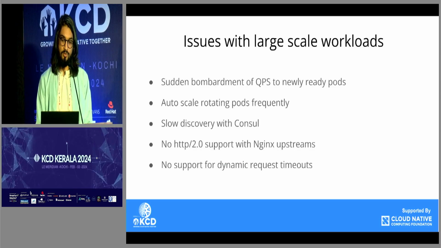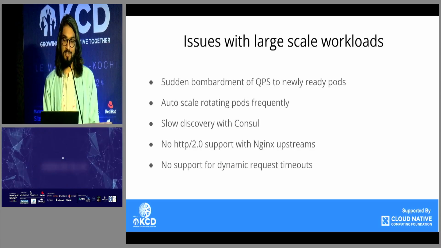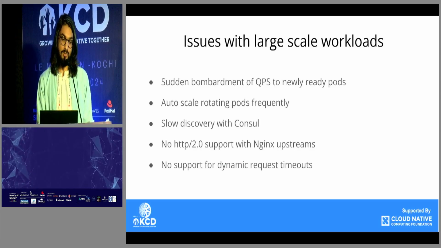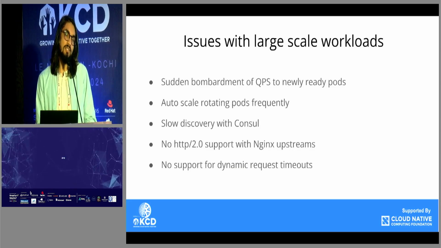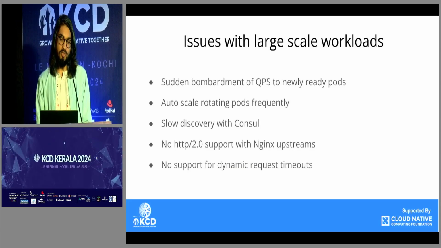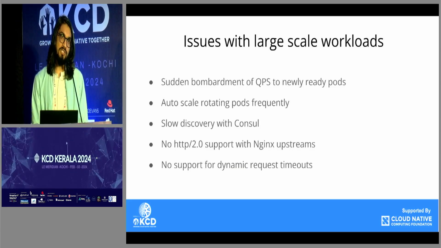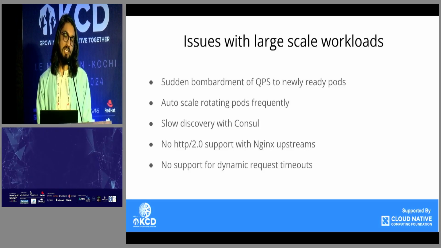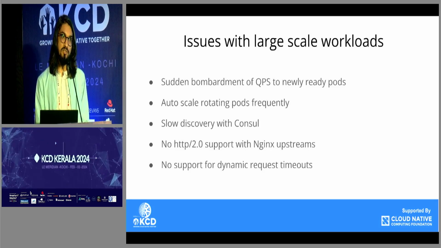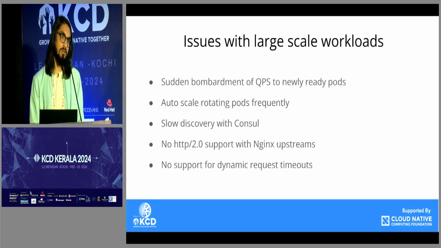One time I was discussing with one of our tech leads who manages the backend application. He informed me that he was seeing sudden traffic bombardment on the application whenever they were scaling up. We were running 16 cores per workload, per pod.